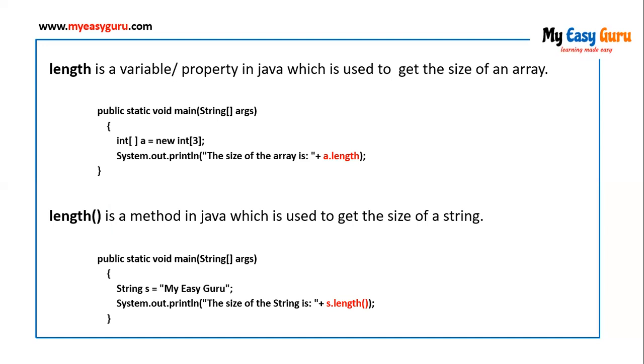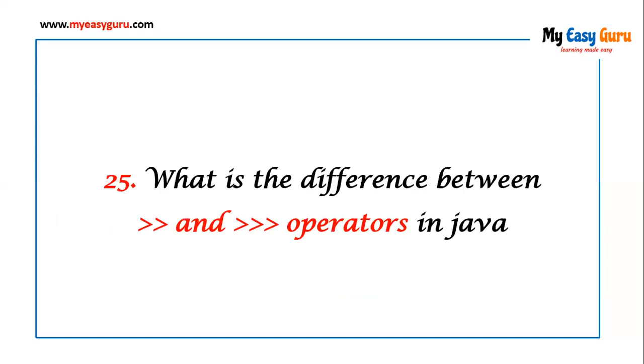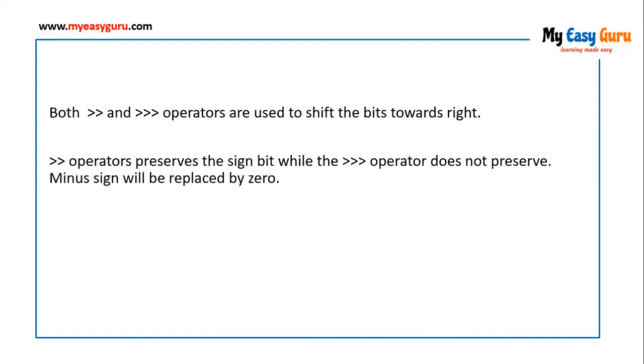Let's move forward to the next question. What is the difference between right shift operator and zero fill right shift operator? Let's discuss. Both operators are used to shift the bits towards right.